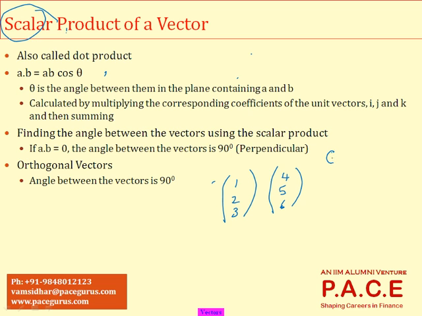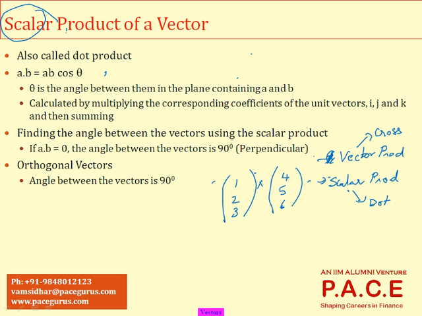One is called the vector product and the other one is called the scalar product. The two vectors can be multiplied in two different ways. The vector product is also called the cross product, whereas the scalar product is also called the dot product.